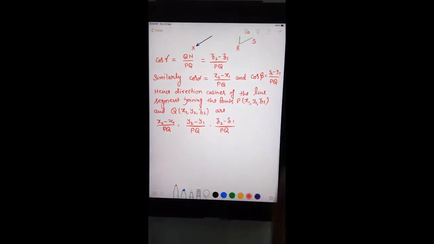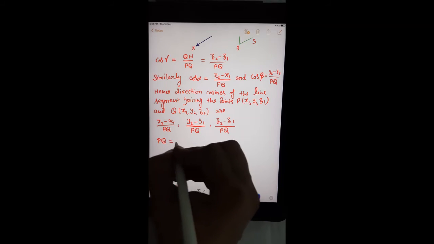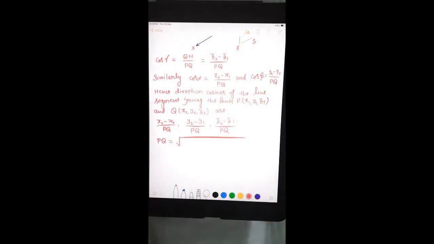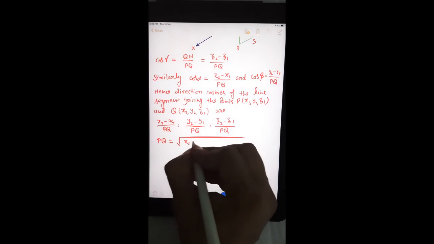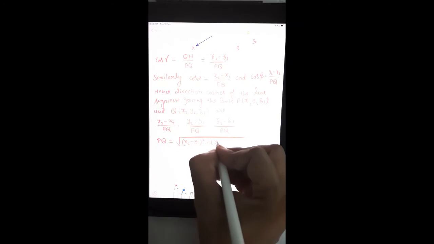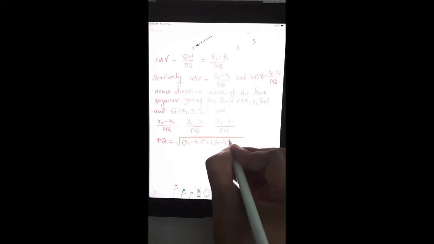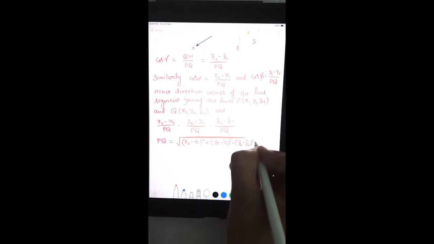So these are the direction cosines of a line which is passing through 2 points, where the value of PQ can be obtained through the distance formula. So we can use square root of (x2 minus x1) whole square plus (y2 minus y1) whole square plus (z2 minus z1) whole square.